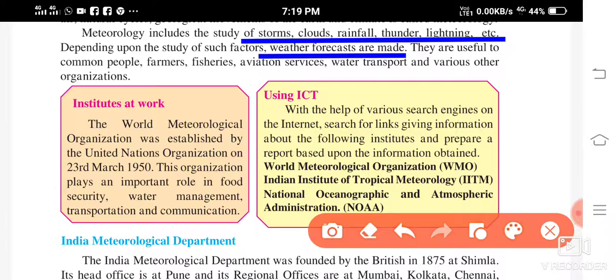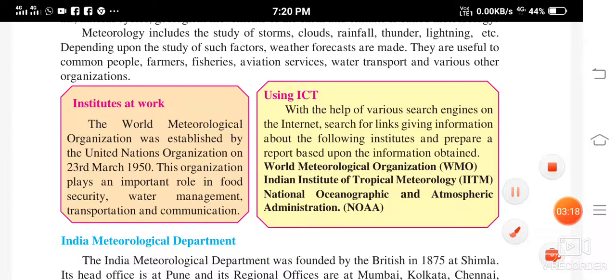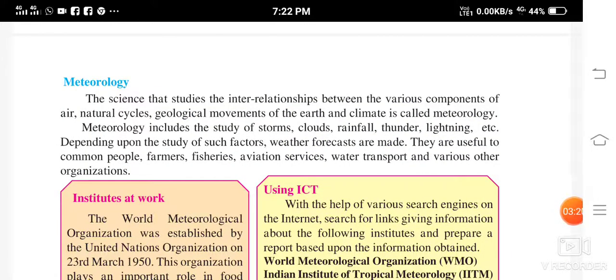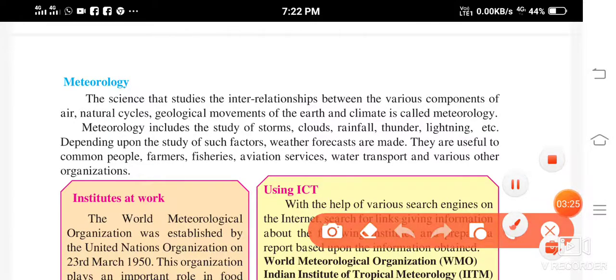Now they are useful to common people, farmers, fisheries, aviation services, water transport and various other organizations. So see, common people. How are they useful to the common people like us? If it is told that tomorrow there is going to be more rainfall, more thunder, lightning and all, what do we do?